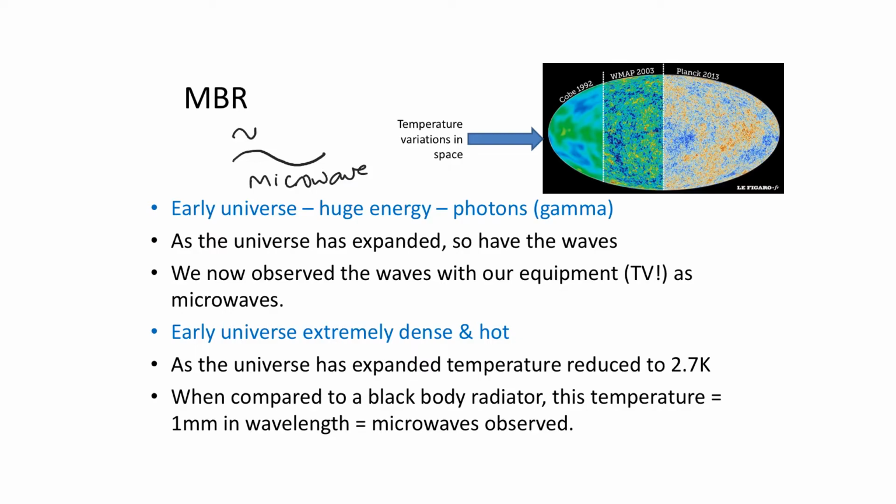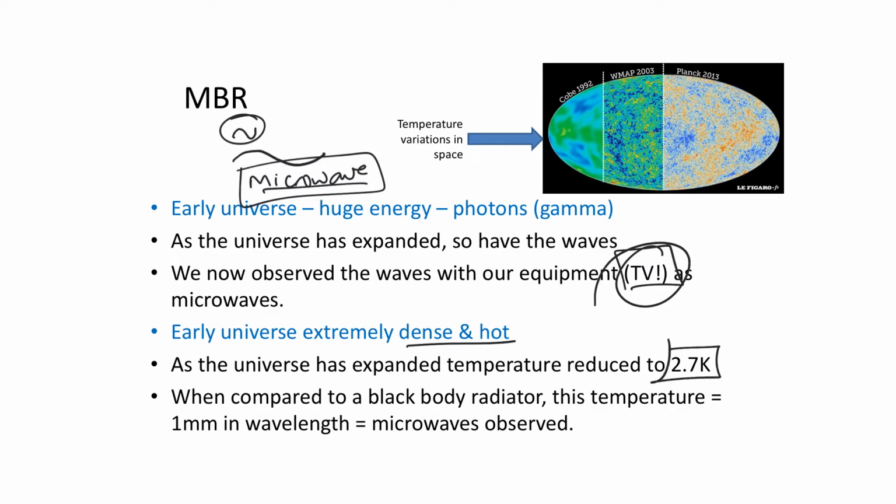And then that's why when we turn our TV on, certainly the old-fashioned TVs, then you get that interference because the microwaves from space are of a similar wavelength to the ones that we use on television. So the early universe was extremely dense, but also very hot. And linked to that would be gamma rays, but now it's cooled down.